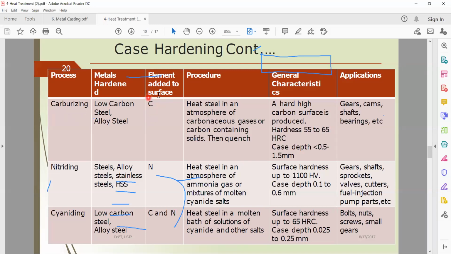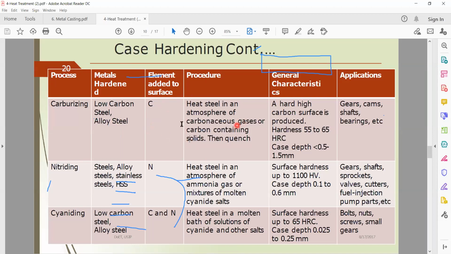You are adding carbon element to the particular metal, that means to the surface of the metal, right? If you are adding carbon to that surface of the metal, that process is called carburizing, right? Other important thing, how can you add the carbon to the particular steel or metal surface? How can you add?